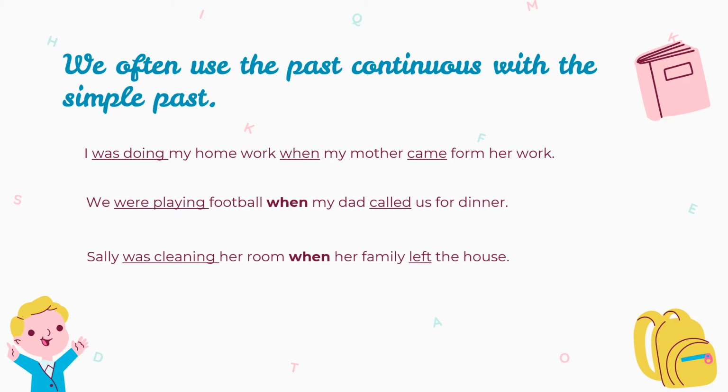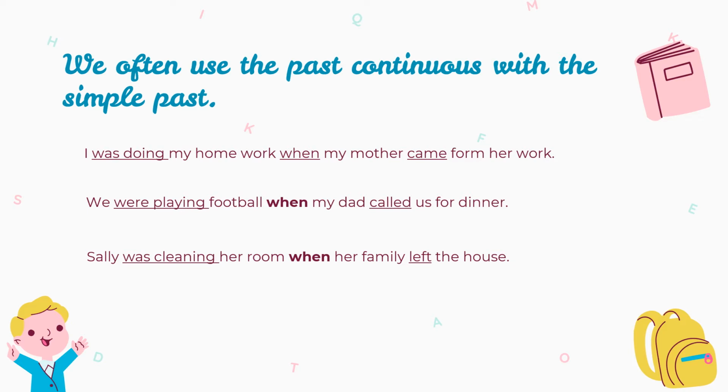And we were playing football. We started playing football before dad called us for dinner. So were playing is the longer action, and it is the action that started first. Also, in the last example, she was cleaning her room when her family left the house. So she started cleaning before her family left the house.